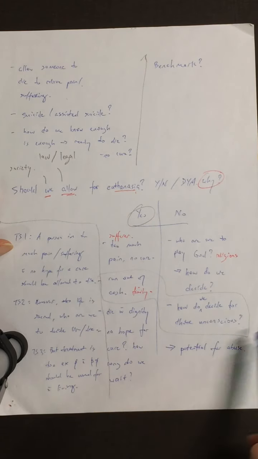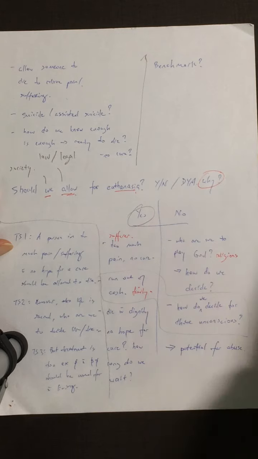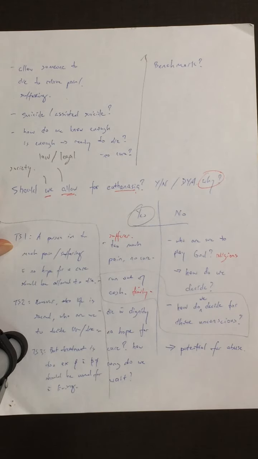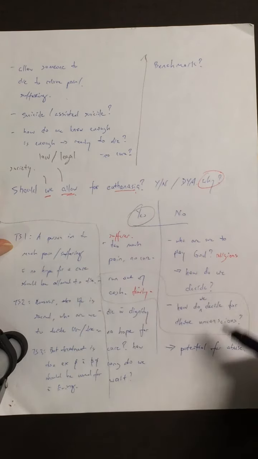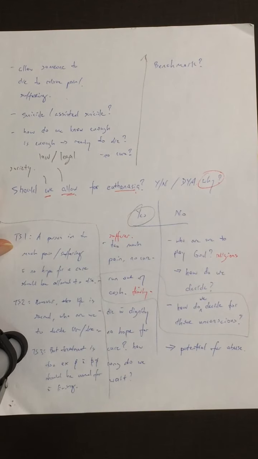But if he's unconscious, then how? And how do we know a person is truly unconscious? So that's why some people argue that, no matter what, until we can sort out all these small problems, we should not allow for euthanasia. So this is another way of looking at it.